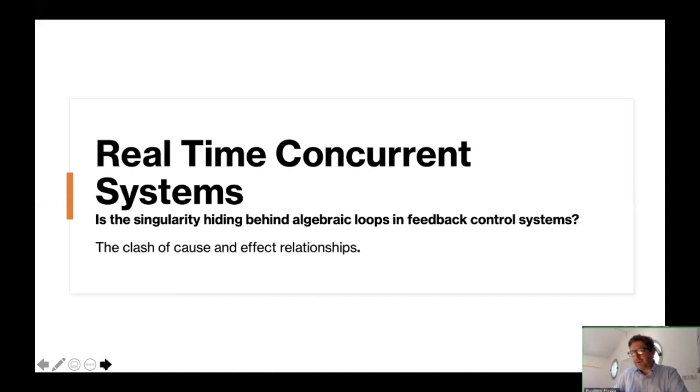So when you close a control feedback loop without having a low-pass system inside the loop, you have a problem detecting what is the cause and what is the effect, because you're feeding back the effect to the cause. This also brings interesting philosophical questions about the clash between cause and effect.